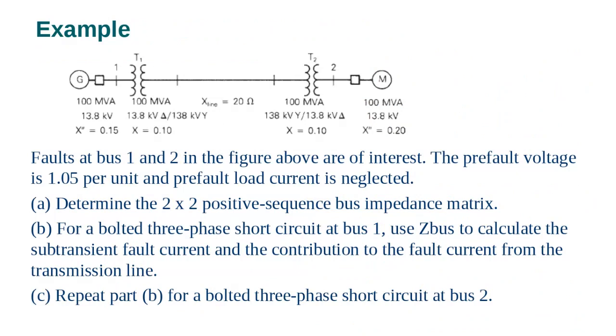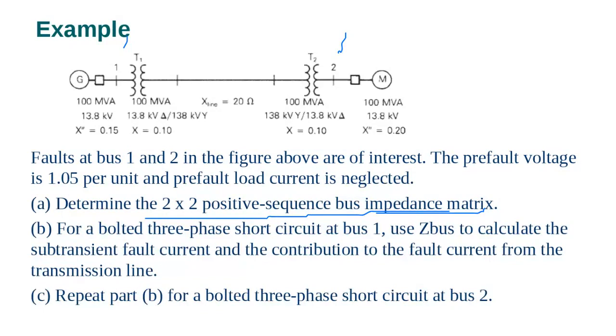We discussed this also. Determine the 2x2 positive sequence bus impedance matrix. How do we know it's 2x2? Because there are two buses, bus number 1 and bus number 2. So therefore, the bus impedance matrix will be 2x2. How do we get it? We get it from the Y bus.